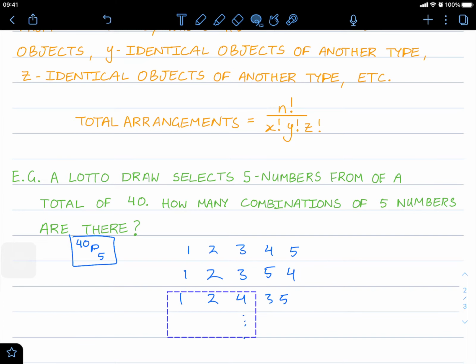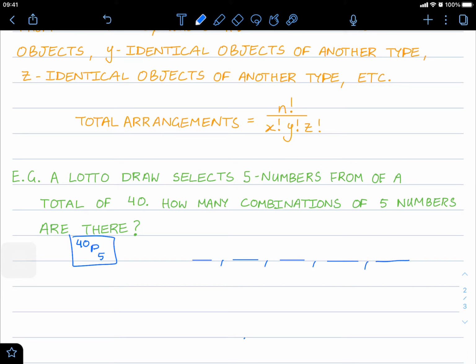With 5 objects and 5 positions, how many different ways can we put the first number here? Well, there's 5 different numbers, and then 4 different numbers, and then 3, and then 2, and then 1. So there are 5 factorial ways these 5 numbers can be arranged.